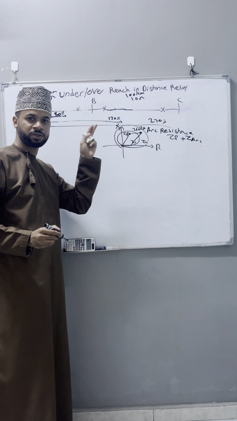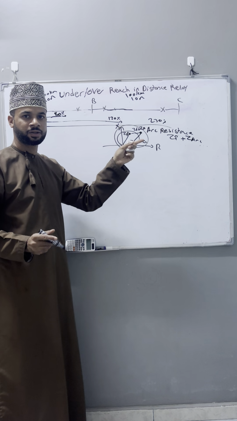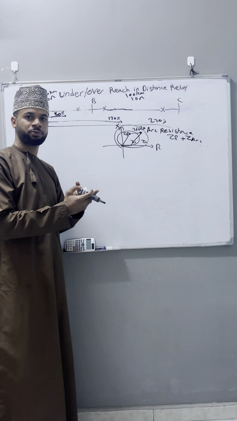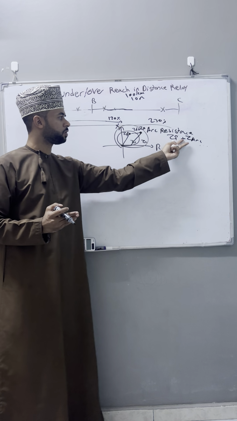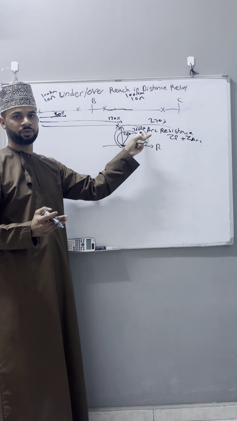Because the fault is happening in zone 1, the relay should trip in zone 1. But due to this arc resistance we have two impedances: one Z fault, the impedance up to the fault, then another one Z arc. By adding these two impedances, the relay will see the fault here in zone 2.